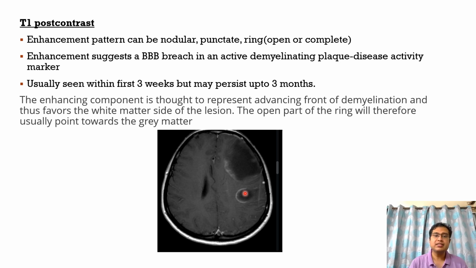The enhancement suggests a breach in the blood-brain barrier and hence active demyelination, and hence it's a disease activity marker, and it is usually seen in the first 3 weeks and may persist up to 3 months. So the enhancing component is thought to represent the advancing front of the demyelination and thus favors the white matter side of the lesion. The open part of the ring will therefore usually point towards the gray matter.